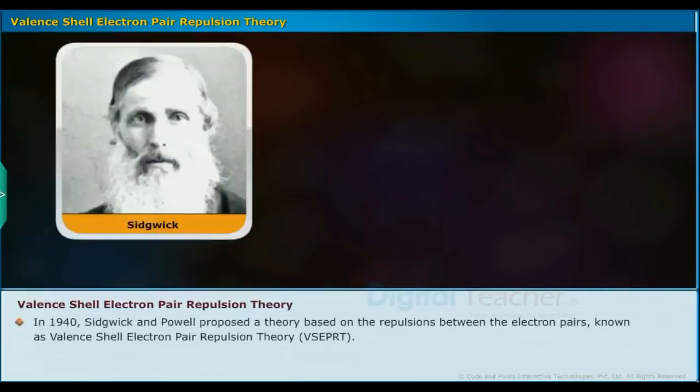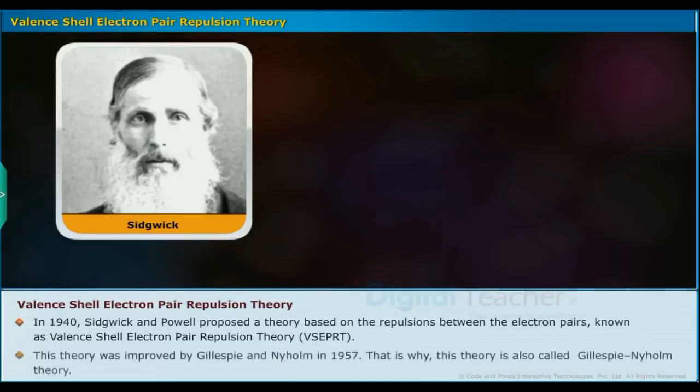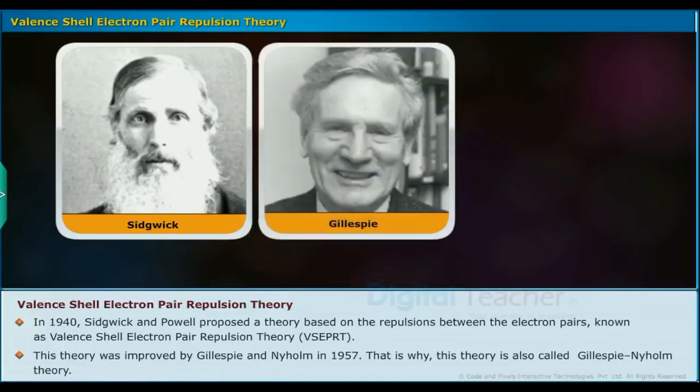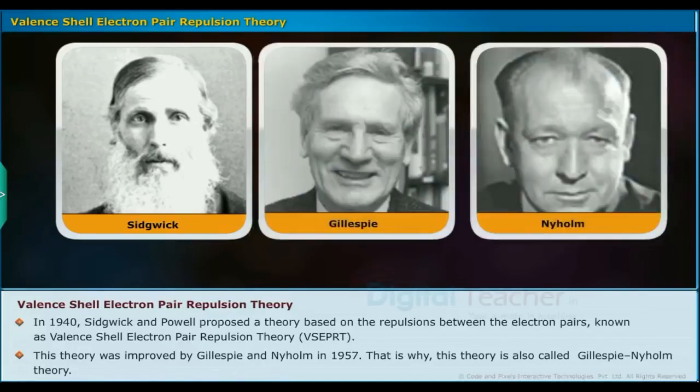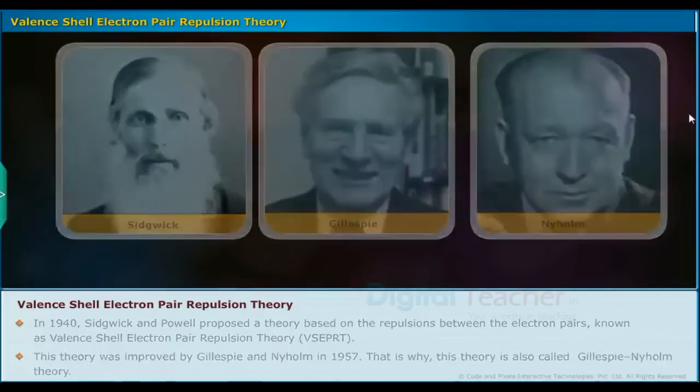In 1940, Sidgwick and Powell proposed a theory based on the repulsions between the electron pairs, known as valence shell electron pair repulsion theory, VSEPRT. This theory was improved by Gillespie and Nyholm in 1957. That is why this theory is also called Gillespie-Nyholm theory.